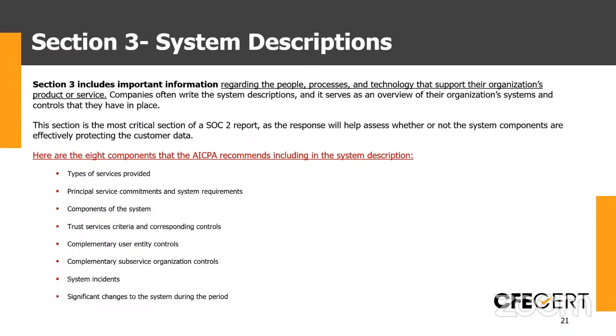A good example is if I have hosted my IT infrastructure on AWS, then I'm taking cloud hosting services from Amazon. In that case, Amazon becomes a sub-service organization for my user entity.